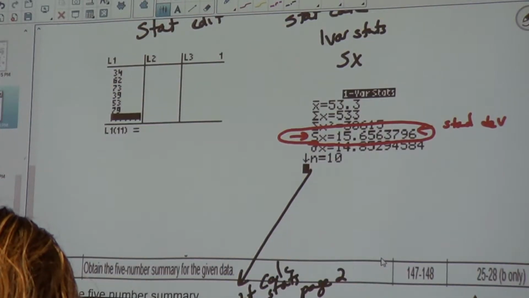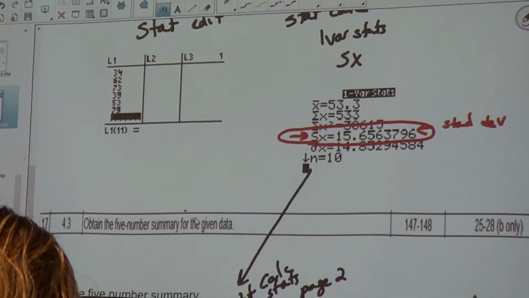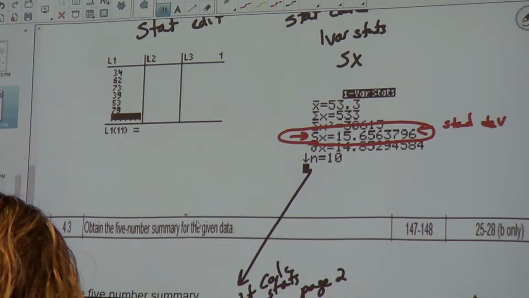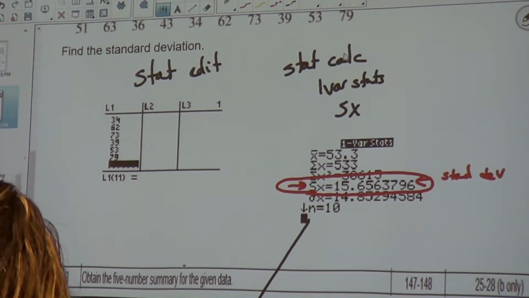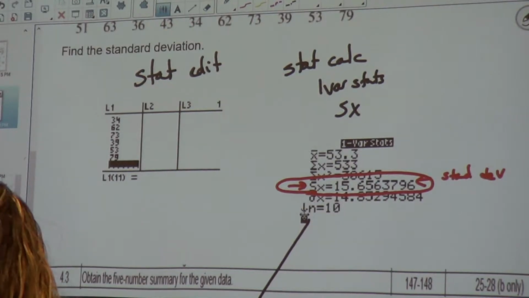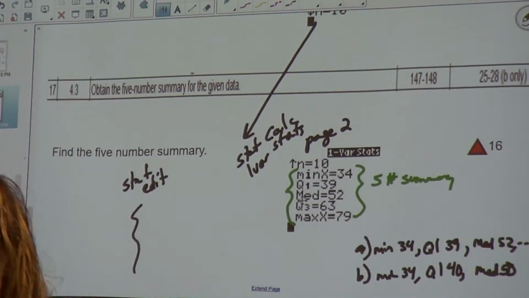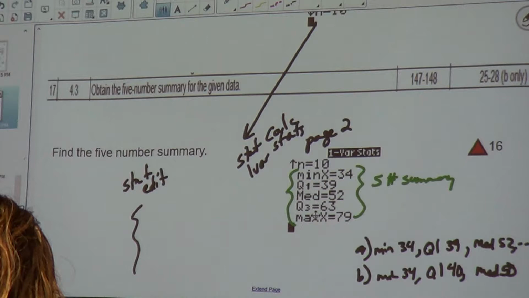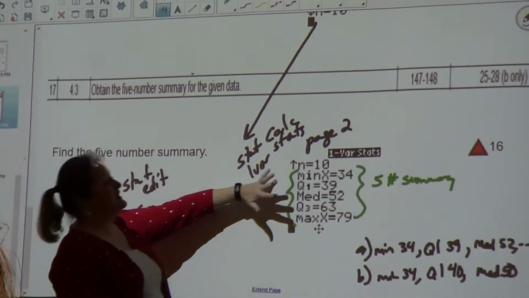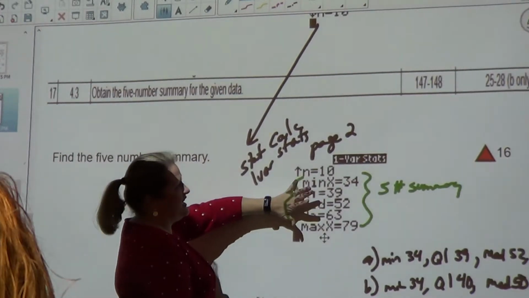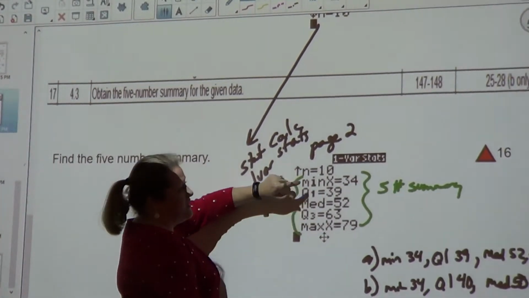Now, the next question says, obtain the 5-number summary. It's the same thing. You punch it in your calculator, you 1-Var Stats it, but you go to the second page, and there's your 5-number summary. The last 5 things on the second page of 1-Var Stats.